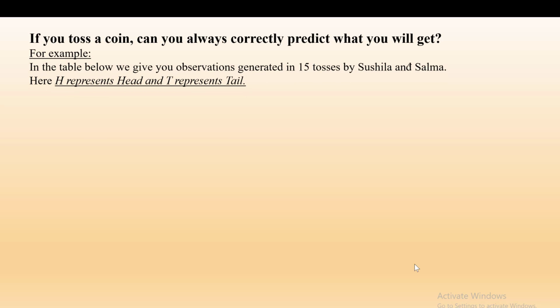Another example: if you throw a coin, can you always correctly predict what you will get? It is difficult to predict. Two friends, Susila and Sama, are tossing a coin 15 times.